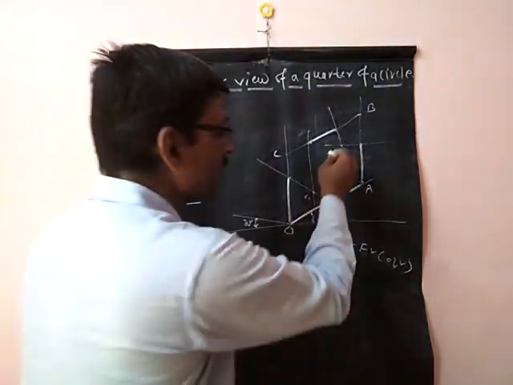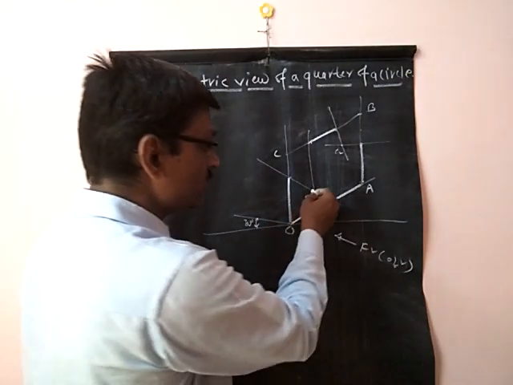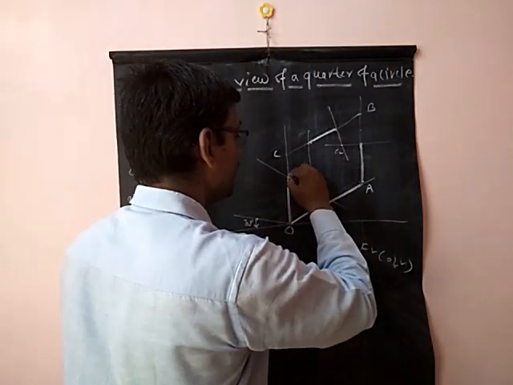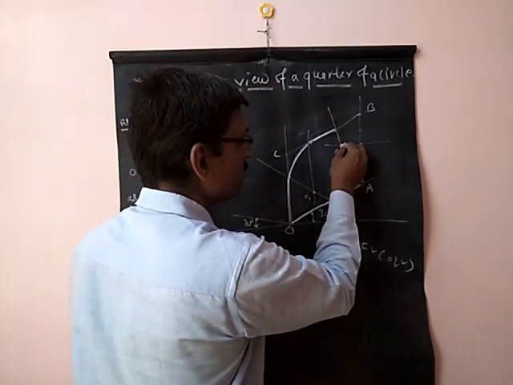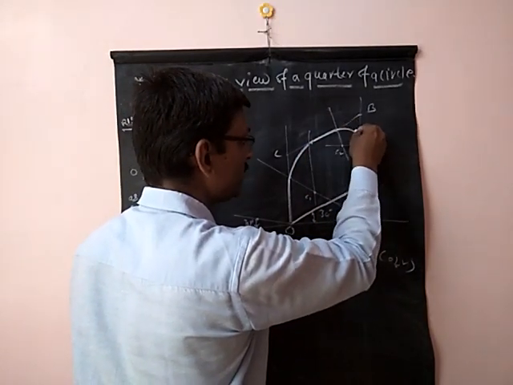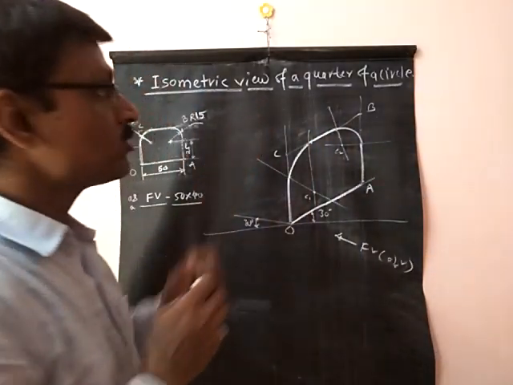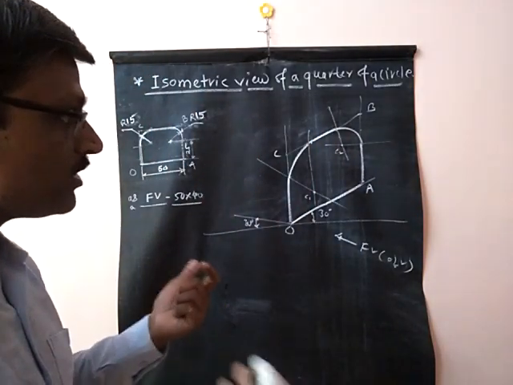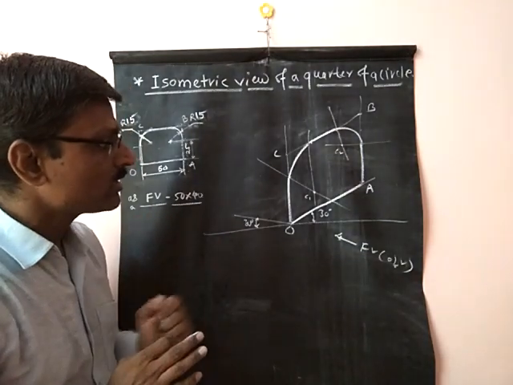This way you will get C1 and C2 as your centers. Now this will be your center, this will be your radius; make this arc like this. Again, this will be your center, this will be your radius; make this arc like this. In this way you can complete the isometric view of a quarter of a circle. It is a very simple method.